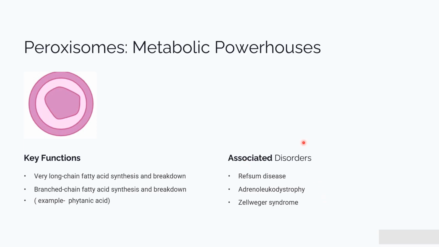So they will ask you questions such as, a researcher, when studying cellular organelles, finds a structure which is a small single membraned organelle that contains a crystalline core and a granular matrix. They determine that these organelles are involved in metabolic processes that cause the breakdown of certain substrates, and the subsequent generation of hydrogen peroxide.